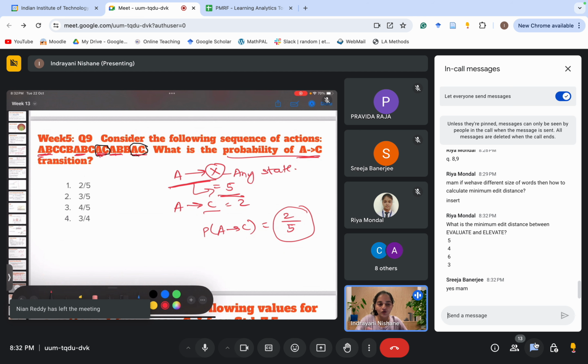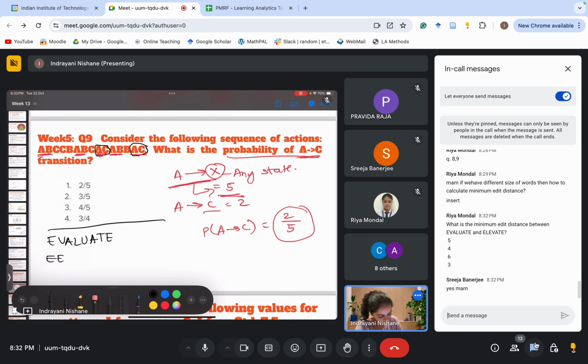Yeah, okay, so you go through this, and meanwhile I'm taking up Ria's doubt: how to find the minimum distance between evaluate and elevate.